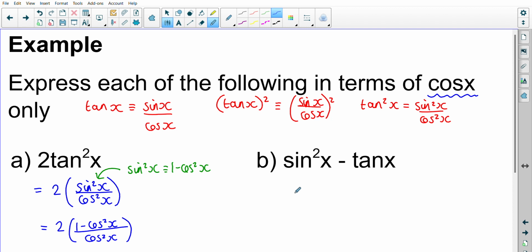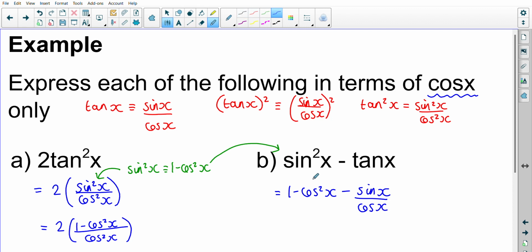Okay, if I go to part B, I can already see I've got a sine squared x, so I can be using the same identity here. And then I've got a tan x, so I can be using sine x over cos x there. So this can be equal to 1 minus cos squared x minus sine x over cos x.